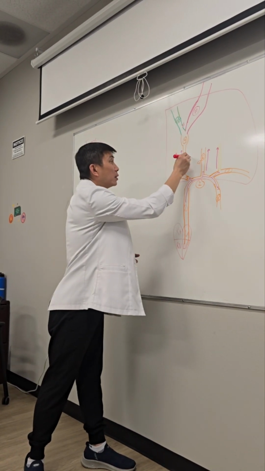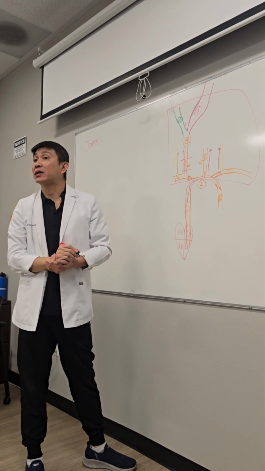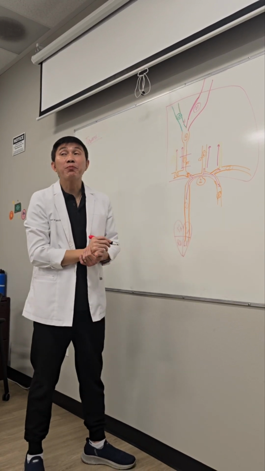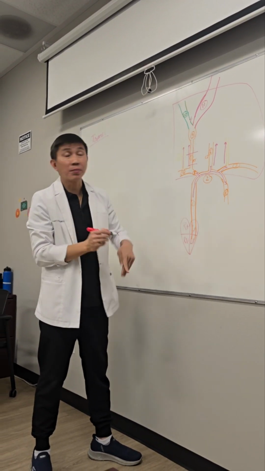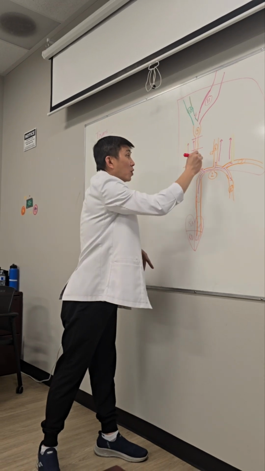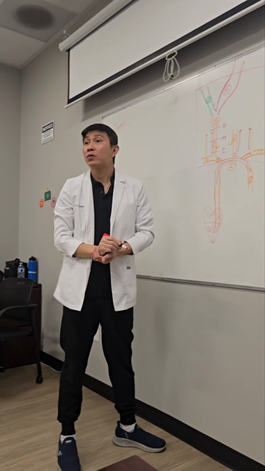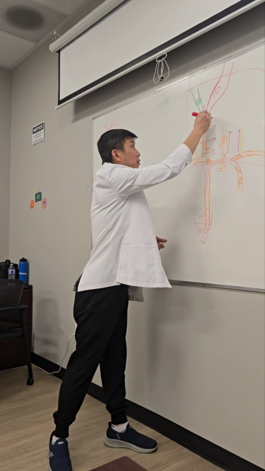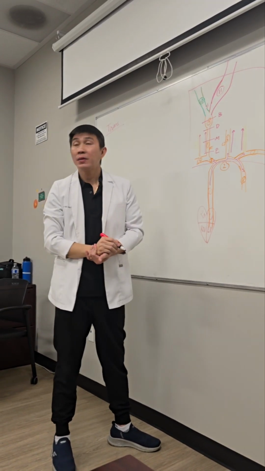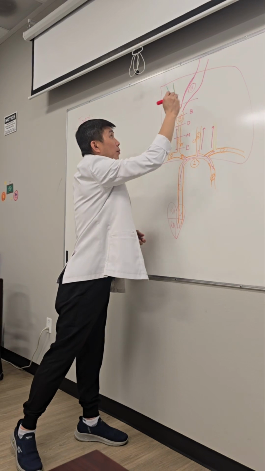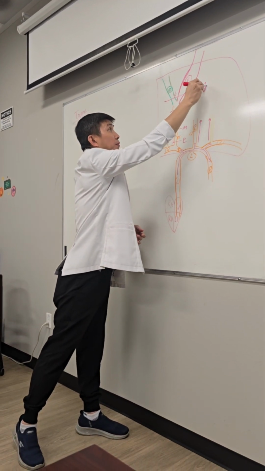In the mid, distal is considered just before the bifurcation, before the bulb. This is the distal. So, prox, mid, distal. And then bulb. And then bifurcation.